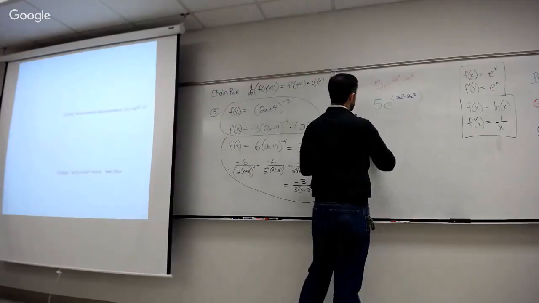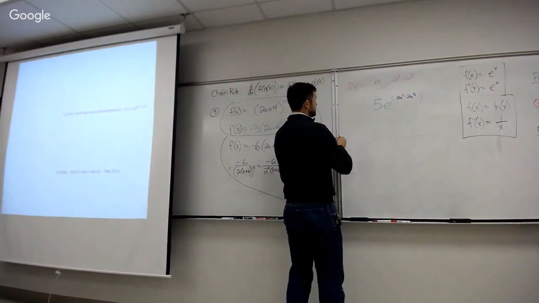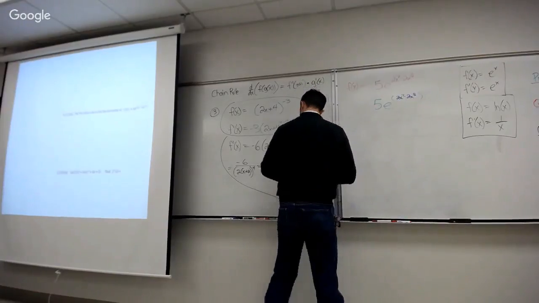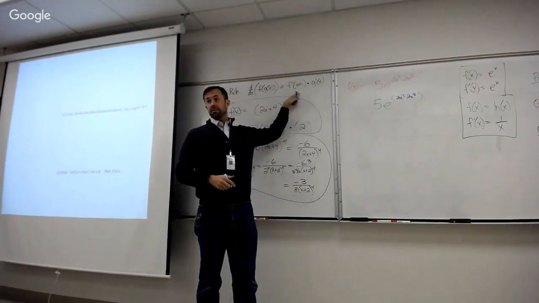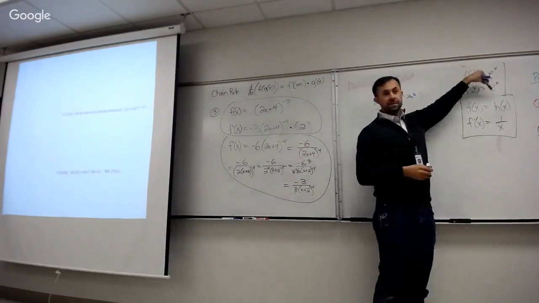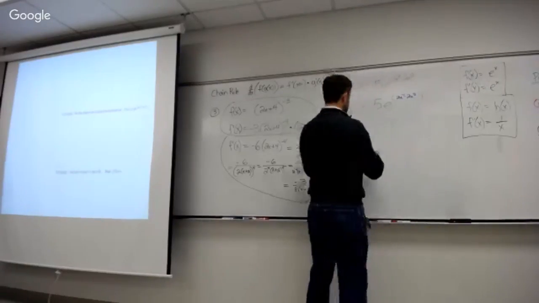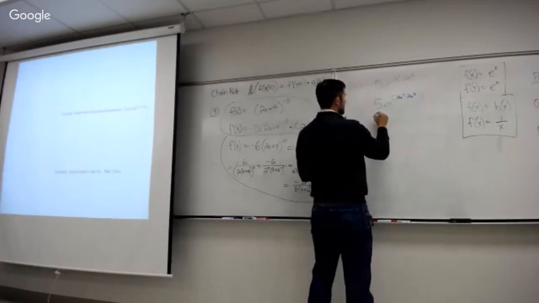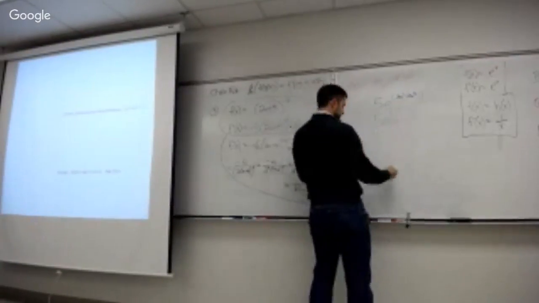Okay, so then, how do we take the derivative? How does the chain rule work? We take the derivative of the outside and leave the inside alone. So what's the derivative of 5e to the x? Just 5e to the x. The derivative of e to the x is just e to the x, and a coefficient comes along to the right. So the derivative of 5e to the something is just 5e to the something. And what do we do with the inside function?